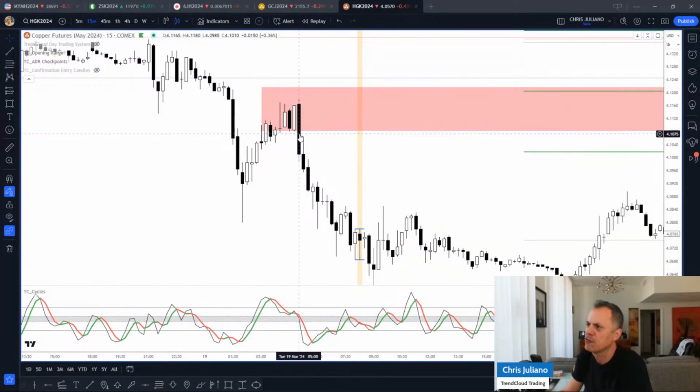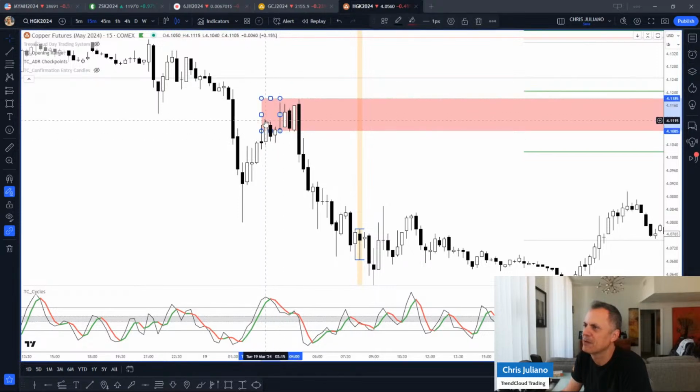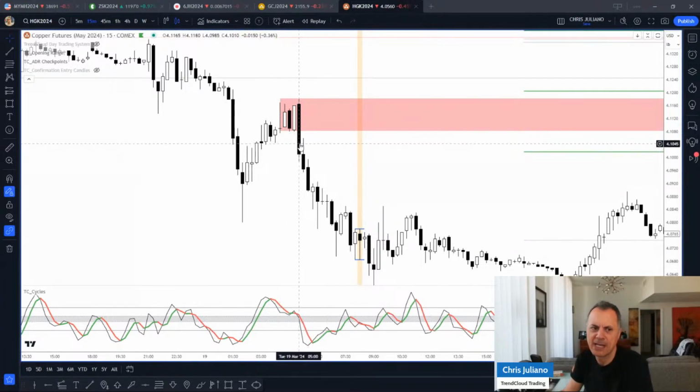Drop, base, drop. See that? Here's your leg in, drop. Actually, well, no, because this closed above. This candle closed above. So this is a drop and a rally and then a big drop. So, yeah, just consolidation, right? Nothing's going to be perfect. You can see this is a market edge here, but technically you understand, right?